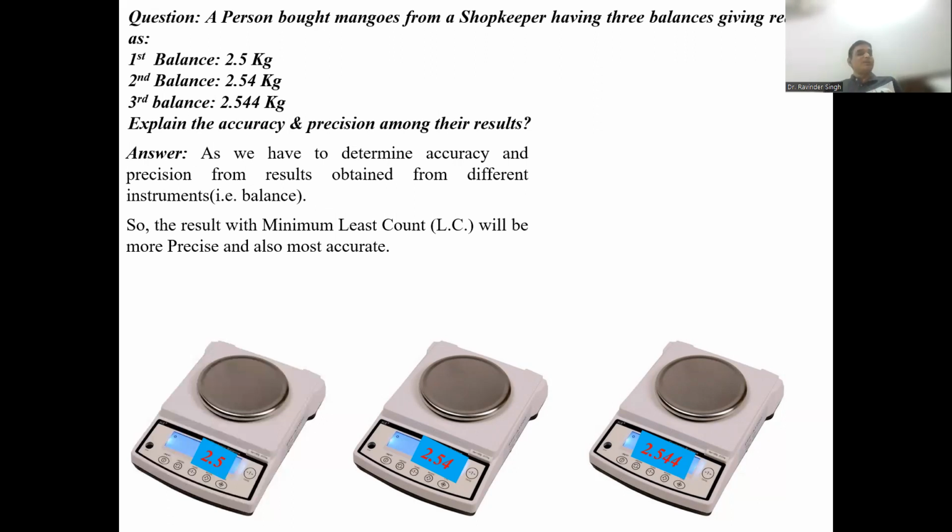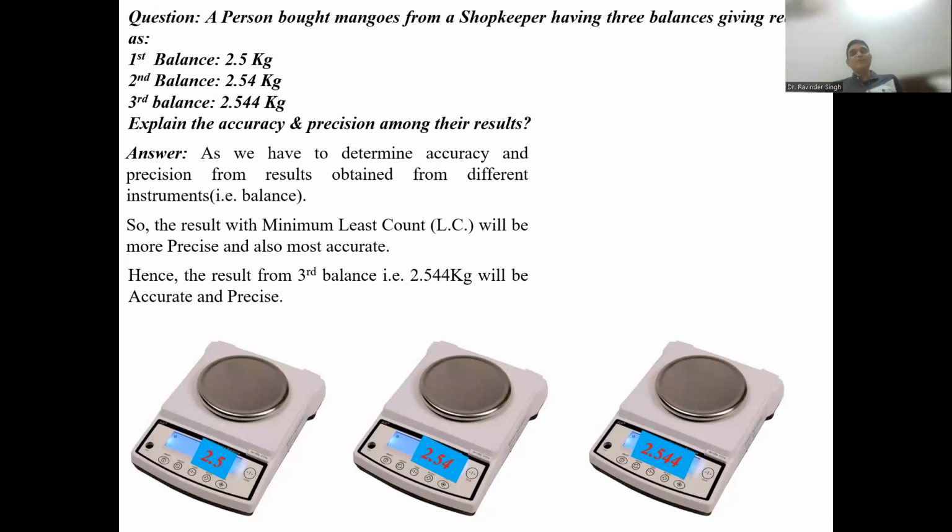So the result with the minimum least count will be more precise and also most accurate. You can see in the third balance, the reading is 2.544 kg, meaning up to the maximum decimal point. That result is most precise and most accurate.